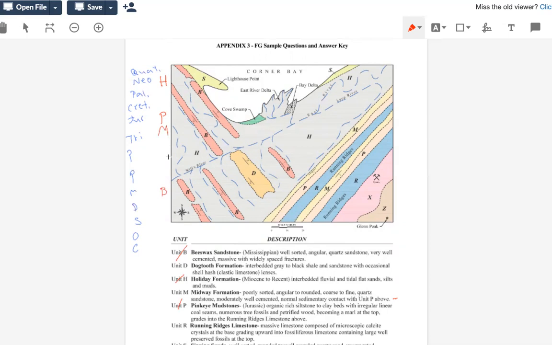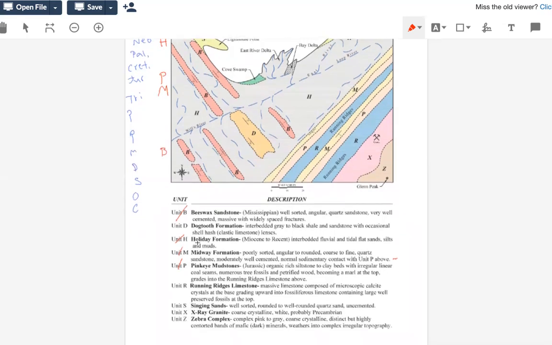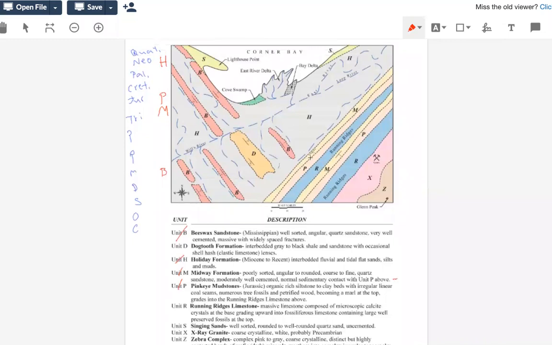So I'm going to say M is there because it says P is above. Running Ridges limestone has preserved fossils at the top. Okay. So it looks like we have dipping in opposite directions there.